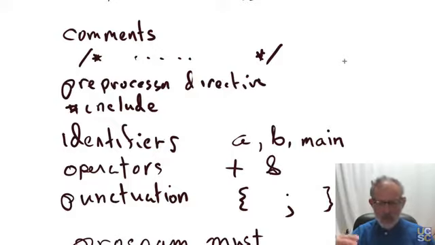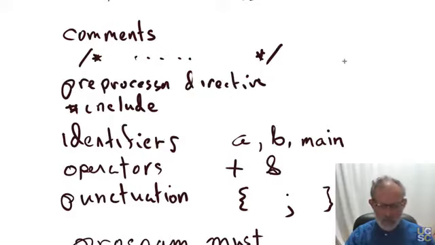We also have tokens that are operators, so plus is a token for a binary operator, or in context it could be a unary plus. Ampersand is an operator meaning address of, but again you have to have context, so sometimes you could see two ampersands, and two ampersands are the operator for logical and.